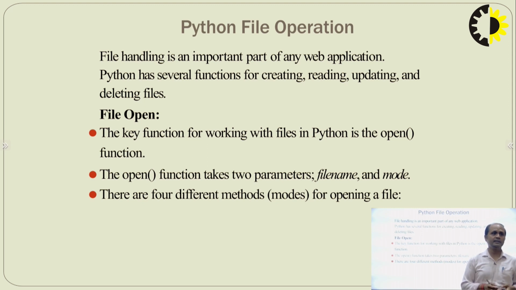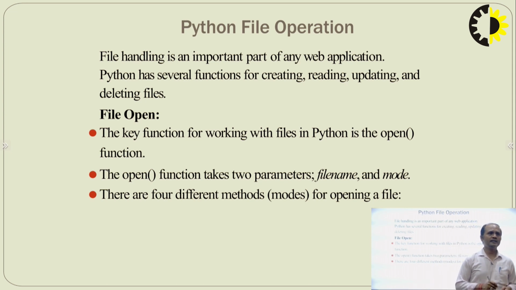When we create data, we save the data in the format of files. Suppose an Excel file, document file, or comma separated files. We have created lots of files and we can store data in the format of files. So file operation is important for any language. In Python too, file handling is an important operation, and a very important part of web applications.